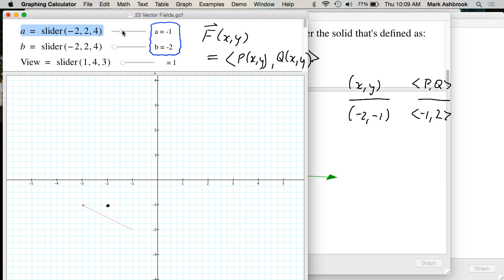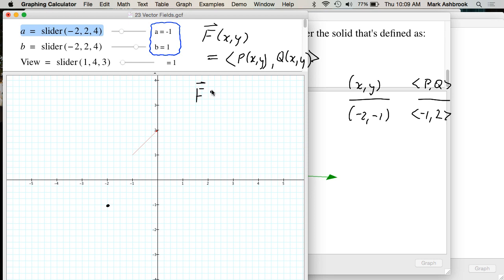I already did that. Let's do this. There you go. You got all the associated input and output?